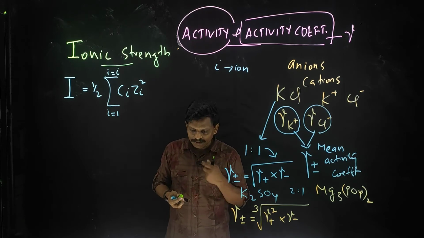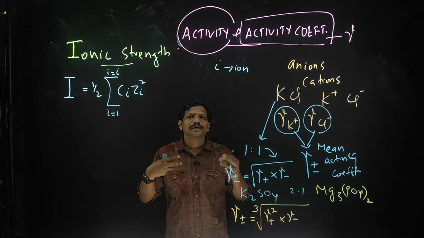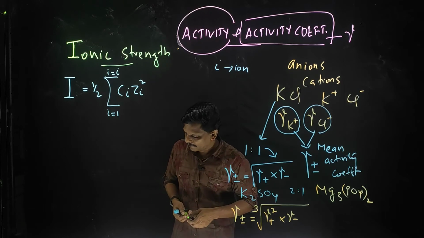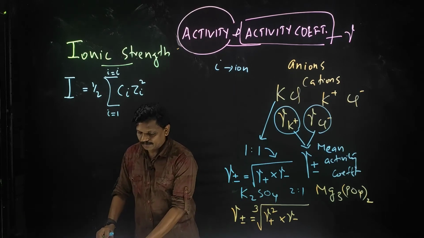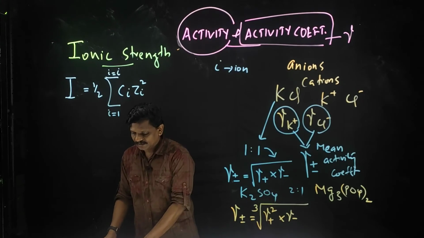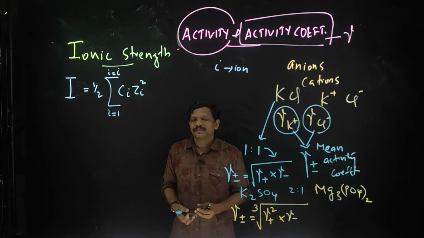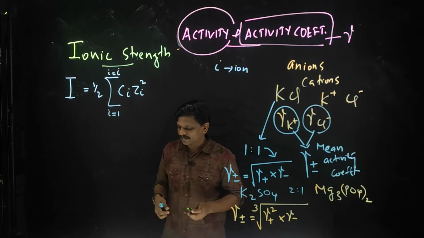I told you ionic strength is a very important quantity when you are dealing with the Debye-Huckel theory. So we are going to discuss this ionic strength, and I will give you some idea about it.